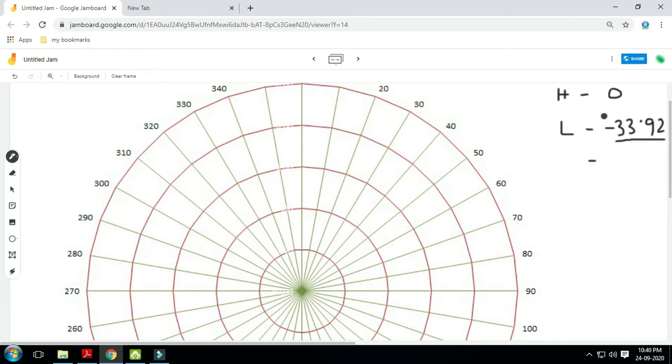Whatever your readings are should be within this range. So I take some value that is lower than this value and it should be divisible by 5. So the nearest value to 33.92 divisible by 5 is minus 35.